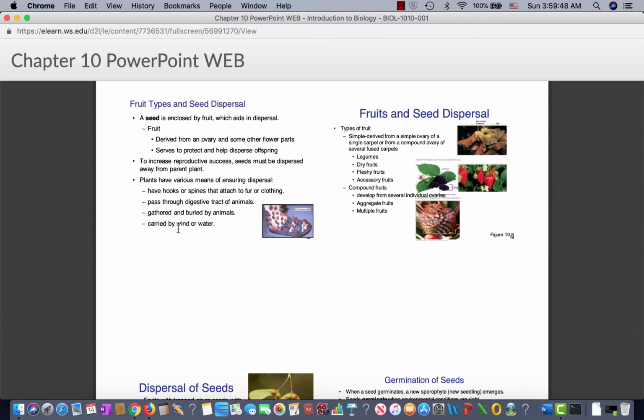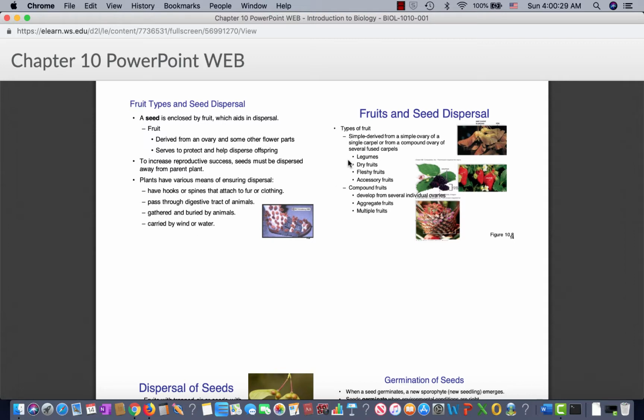Or if it's in your digestive tract, it speeds up your peristalsis and moves everything along through your digestive system significantly quicker. So you put that in your seed coat, and the organism that ate the seed will pass it before it is digested. So it's a really handy way of making sure that the seed makes it to where it's supposed to go instead of ending up as food.